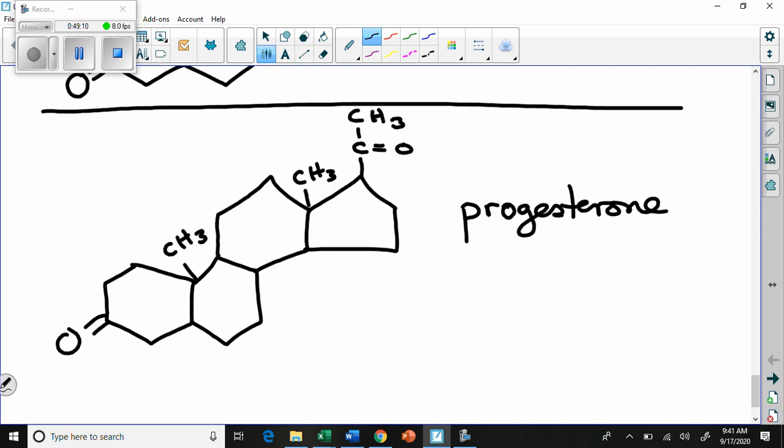And of course, progesterone is a very important steroid because in females it helps regulate the menstrual cycle, right? And so essentially, what happens is when you ovulate, a little egg comes out and down it goes to the fallopian tubes, and it makes its way to the uterus.